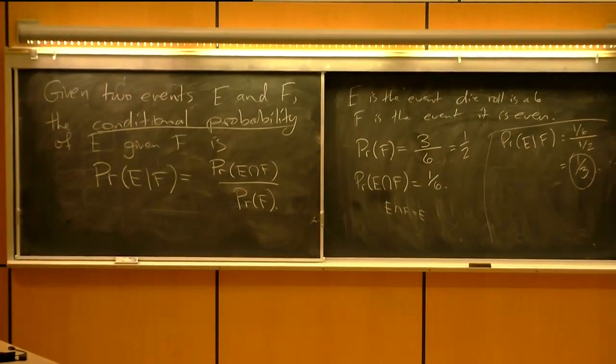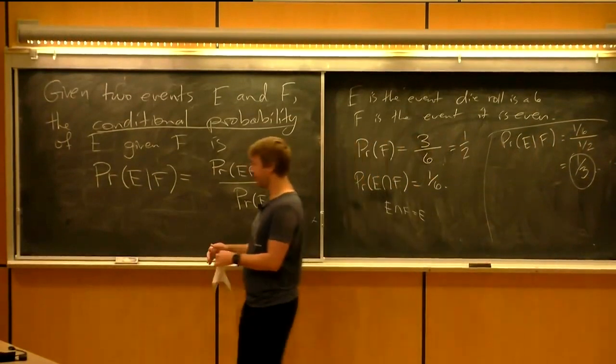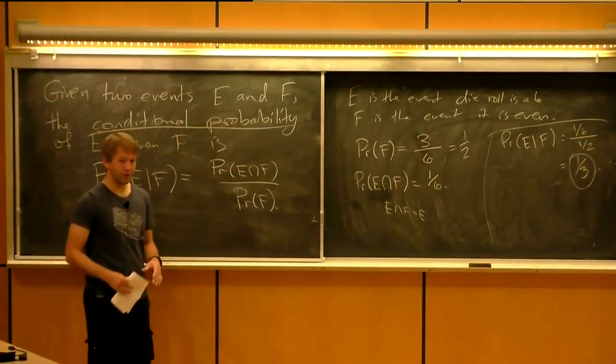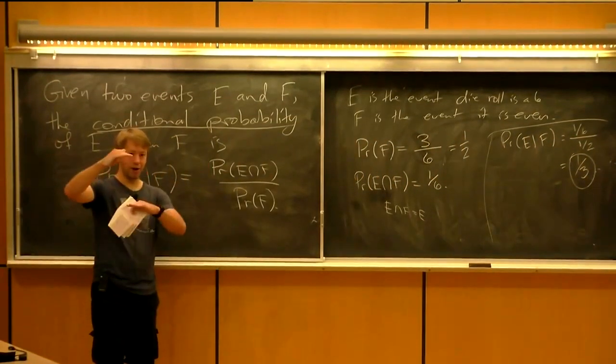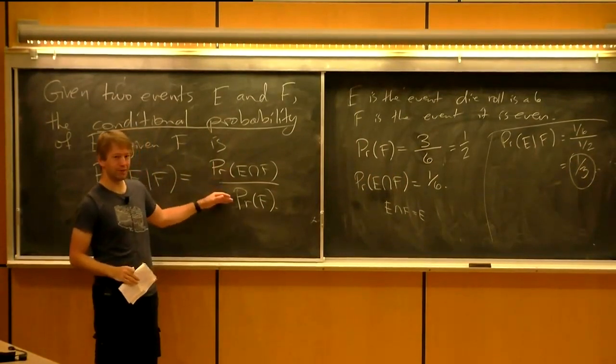Before, when we were doing counting, we were just counting. When we started doing probability, we realized it's kind of 2 counting problems where you divide them. And now we've got 2 probability problems where we divide them.